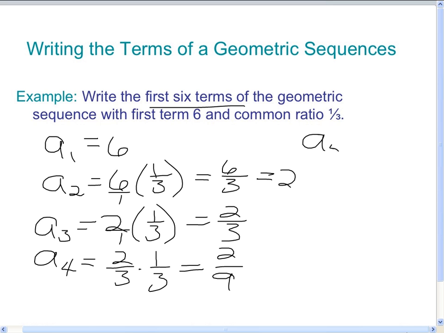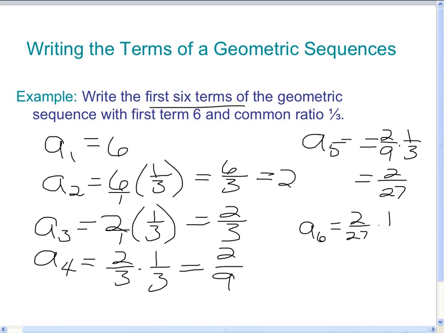A sub 5: I take my last term and multiply by my common ratio, and I get 2 over 27. And finally, the sixth term, multiply by 1/3, and I get 2 over 81.